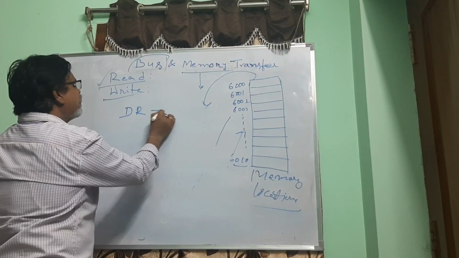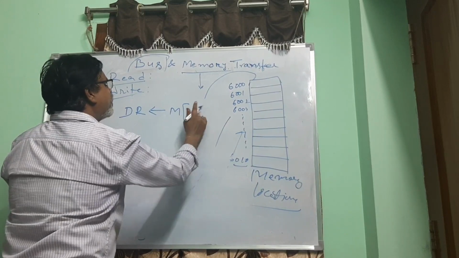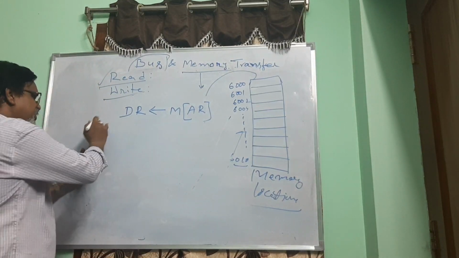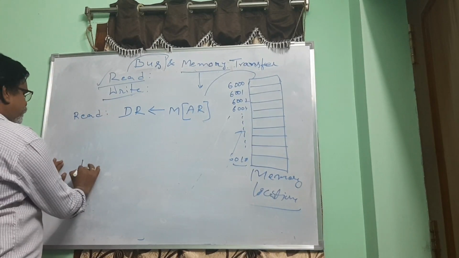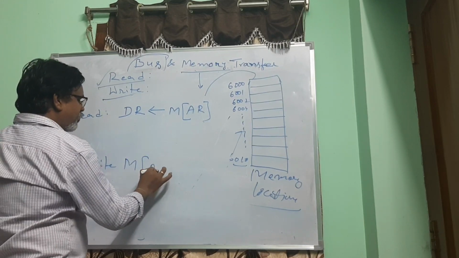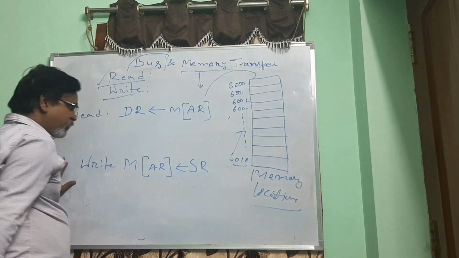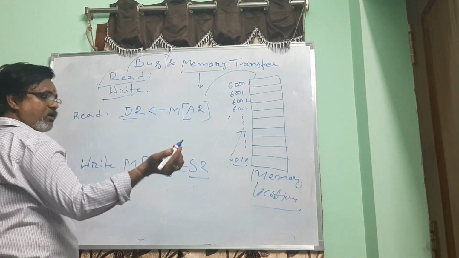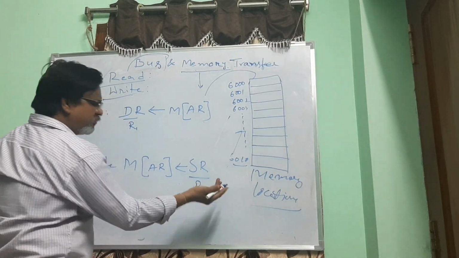DR, this is for the read operation. For the write operation, SR. So in place of DR and SR, you can use any normal register notation like R1, R2, anything you can use.